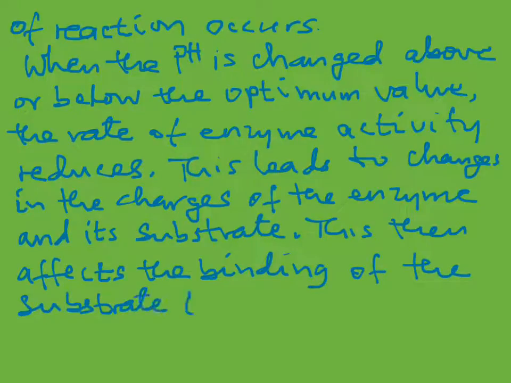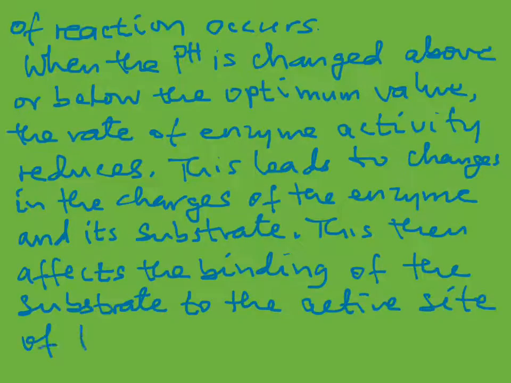When this happens, it affects the binding of the substrate to the active site of the enzyme. Because when ionic changes occur, is that clear? Some structural changes occur at the level of the active site, making it impossible for the substrate to bind to the active site, thereby slowing or maybe stopping the reaction.